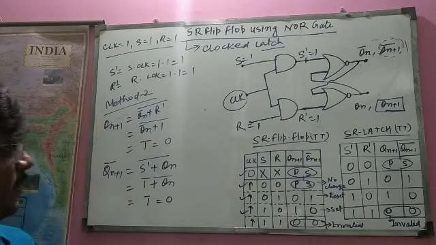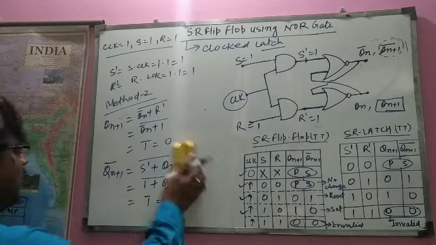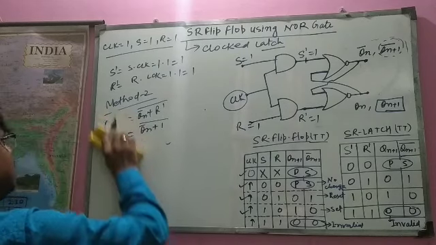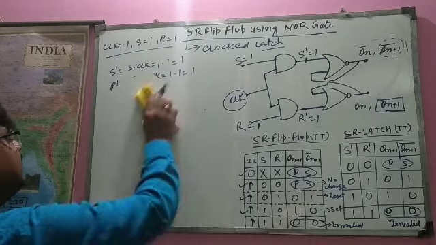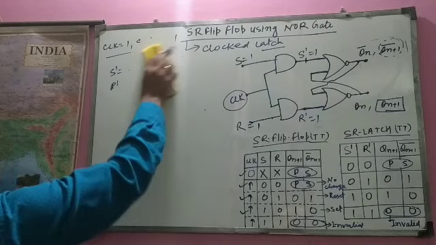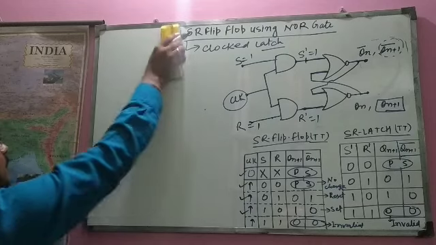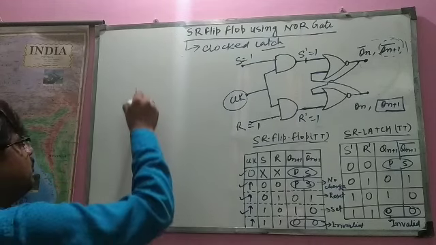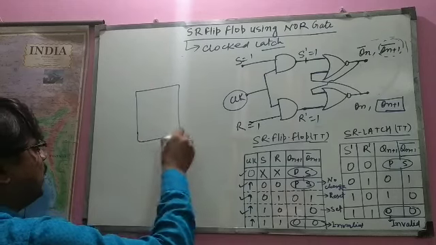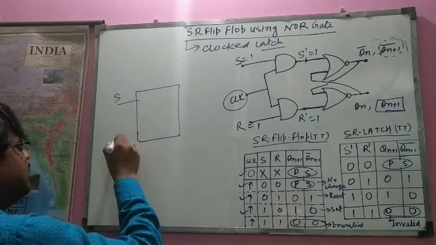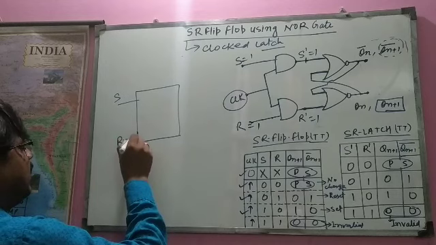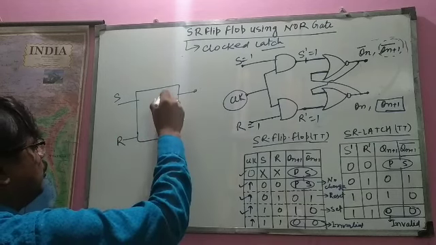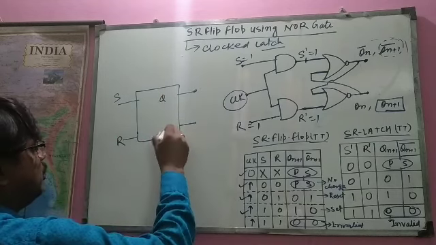We can show this just by the notation of the flip flop. The flip flop looks like this. These two inputs are S and R, and the outputs are Q and Q bar.